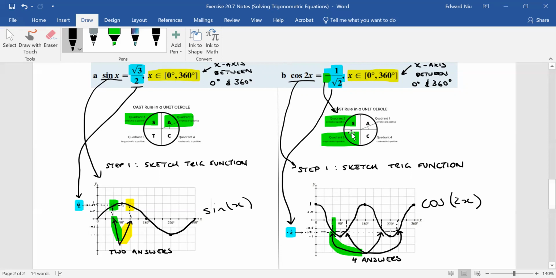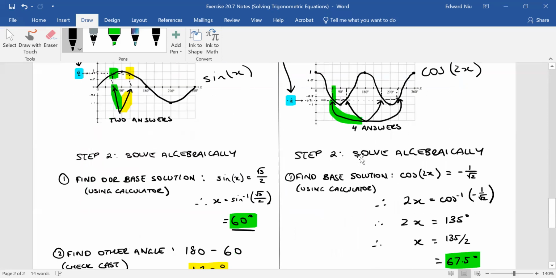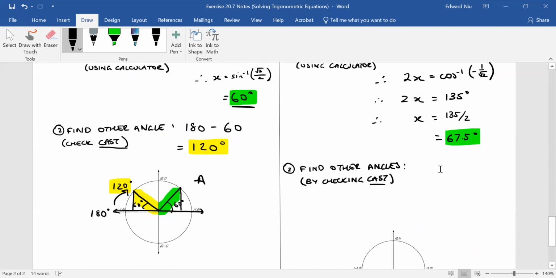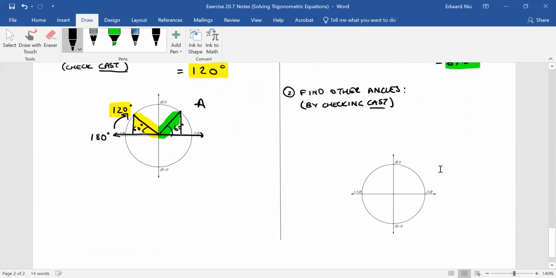So what does that mean? Well, we've already got ourselves 67.5. Let me just double check if that's correct. Yep, so 67.5.